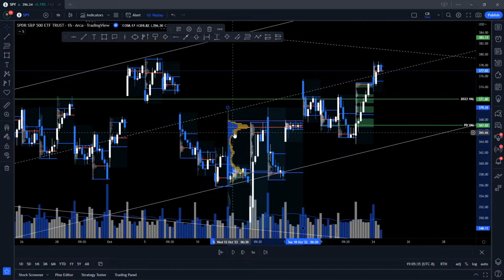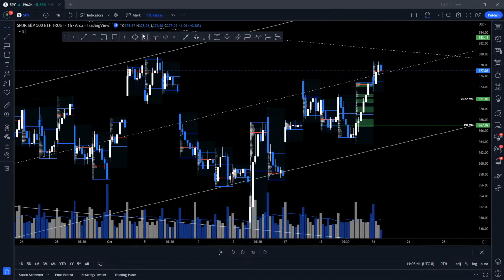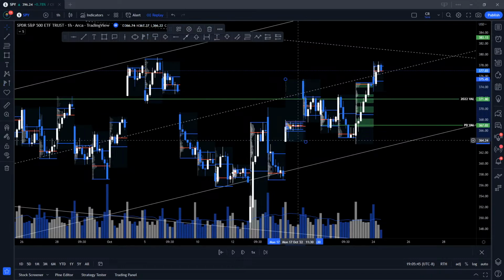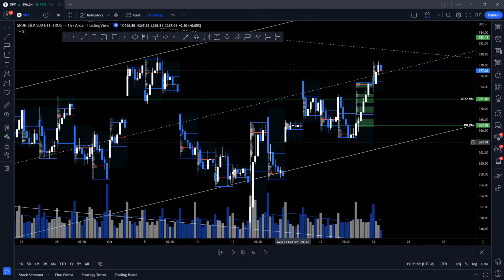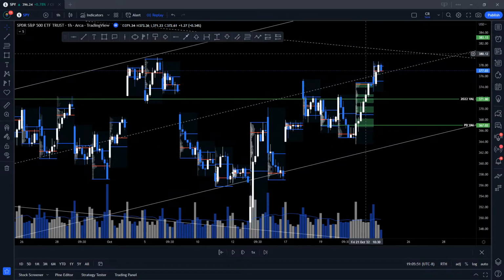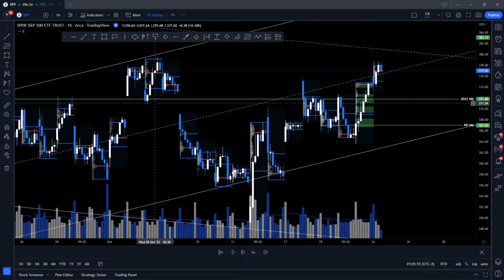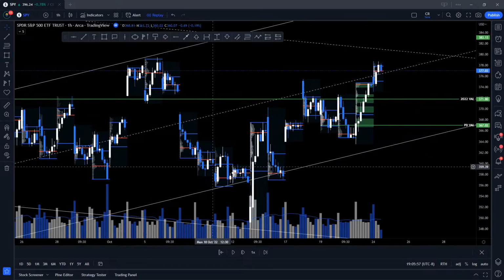Well, that's not really showing us much here. But you can use fixed range volume profile on different areas to see where, when you're grabbing low to high, it's going to show you where buyers are stepping in, and when you grab high to low, it'll show you where sellers are stepping in.